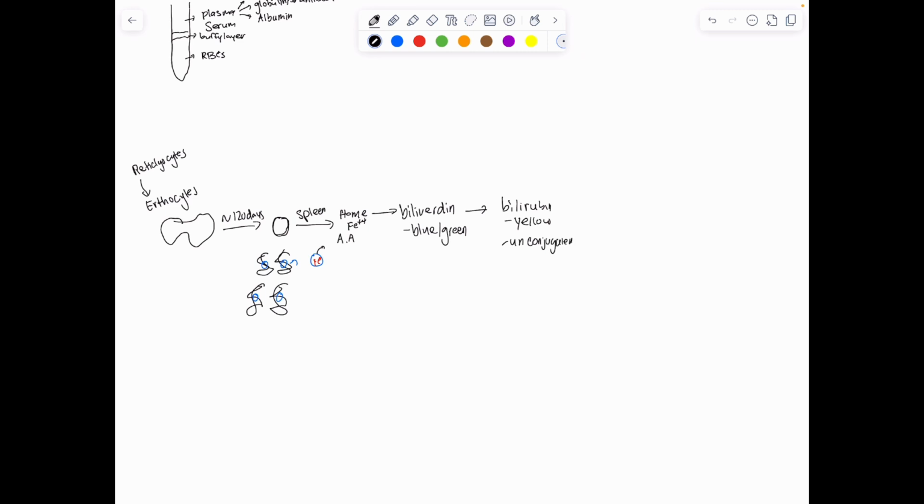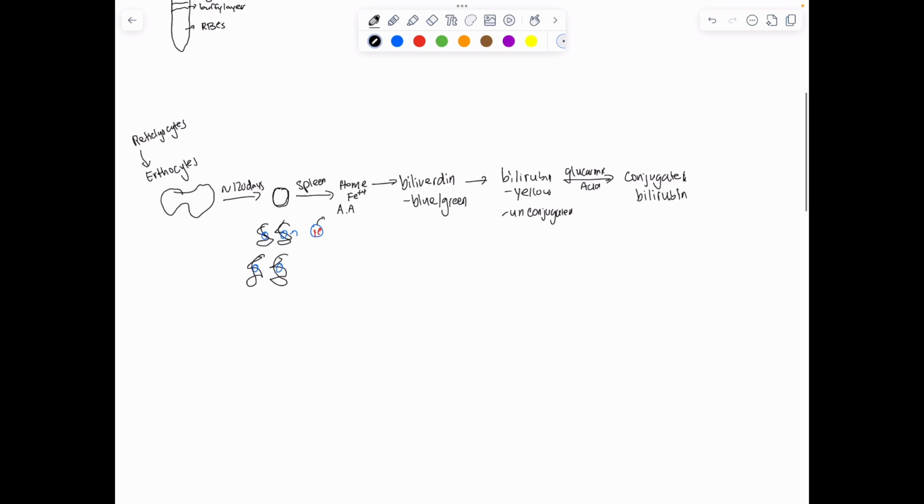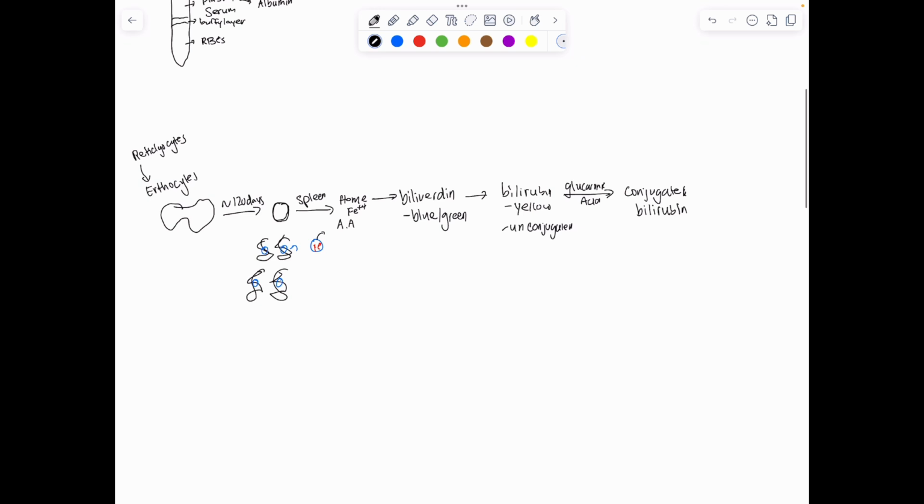And then there's an acid called glucuronic acid, and that will make conjugated bilirubin. This is happening in the liver as well. Then our conjugated bilirubin goes through the bile and then the intestines and gets broken down into urobilinogen.